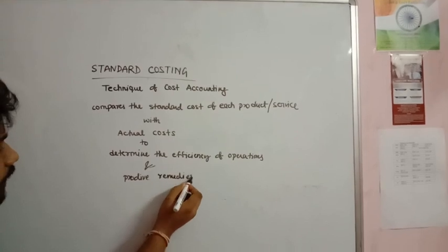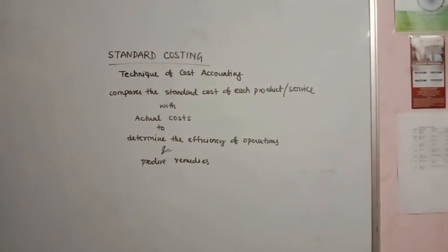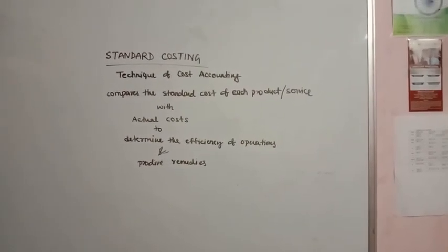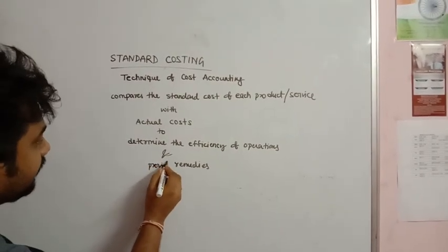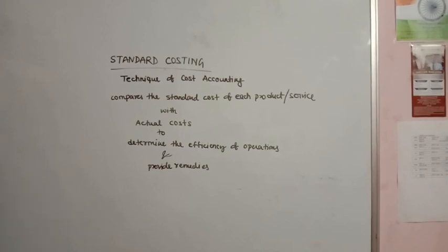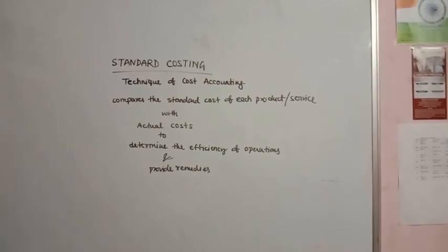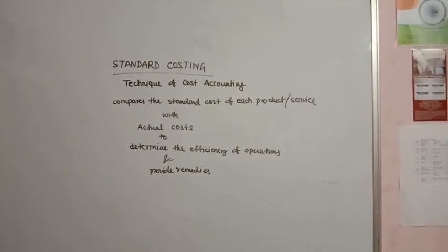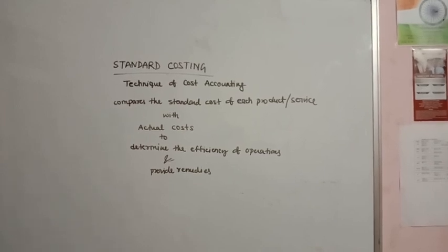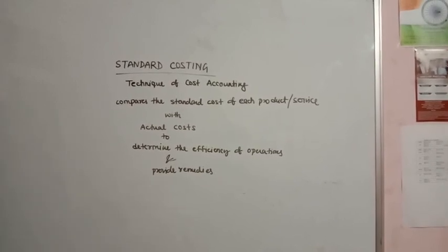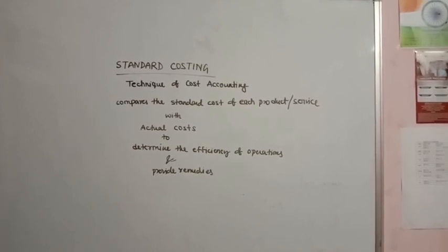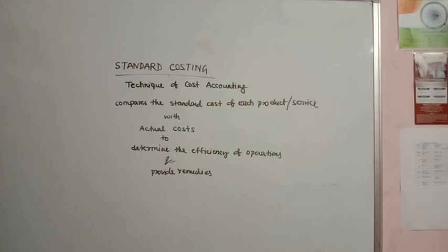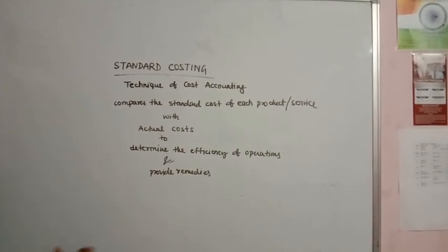So if it is found that the activity had not been appropriately performed, then what kind of remedies have to be provided is brought out with the help of the standard costing process. So it is a technique of cost accounting which compares the standard cost of each product or service with the actual costs of such product or service to determine the efficiency of operations and provide remedies.